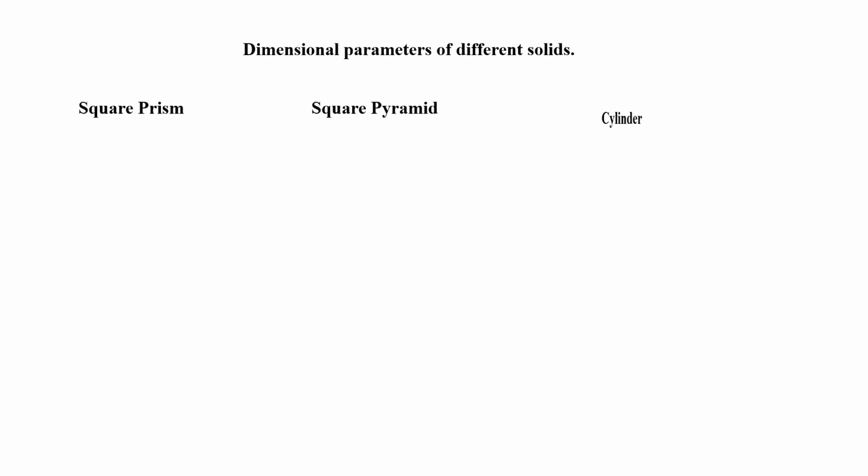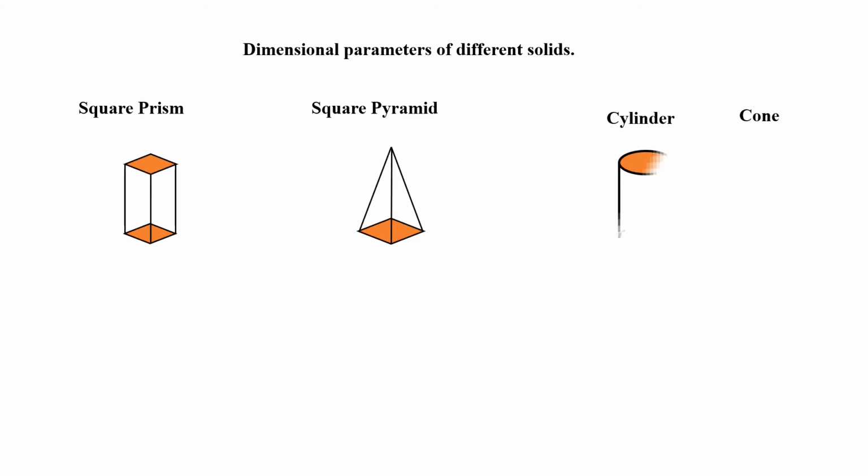If we want to solve examples of projections of solids, first we have to see the dimensional parameters of different solids. Let us see examples: square prism, square pyramid, cylinder, cone. Here in the square prism, the top and bottom are square planes. This portion is called the top.